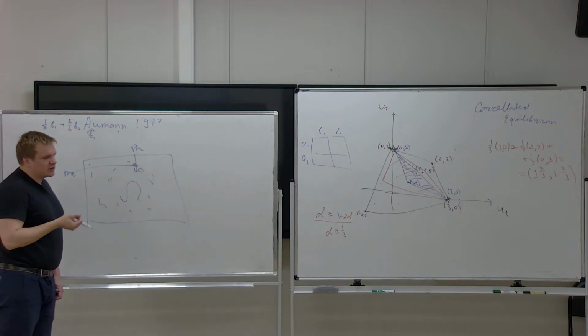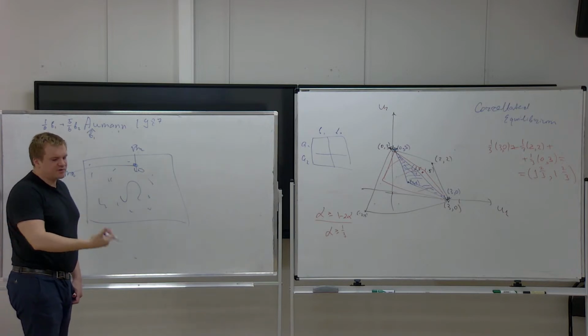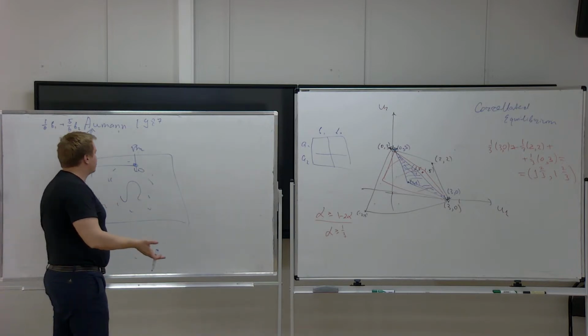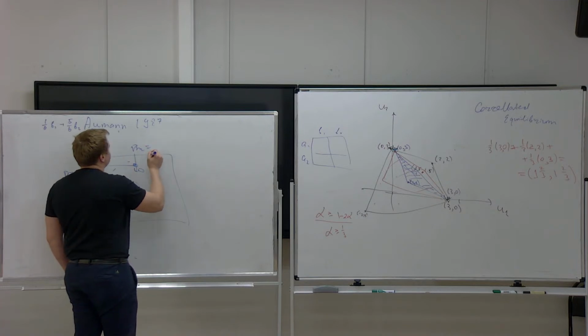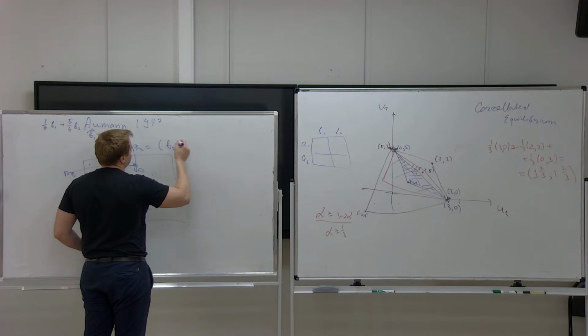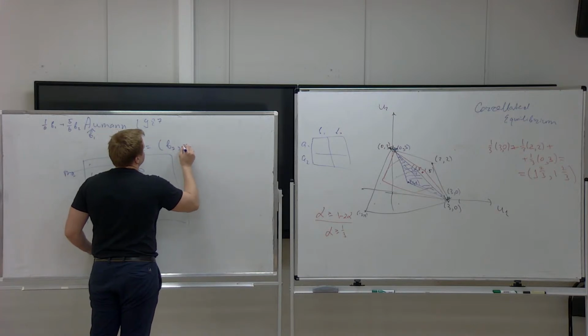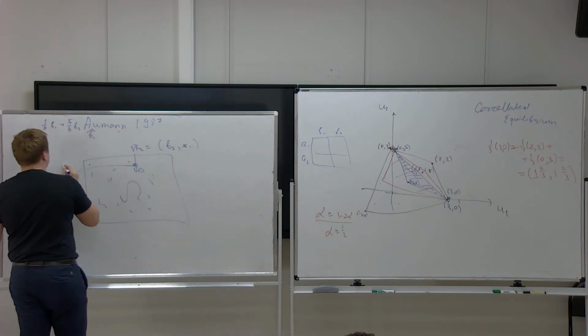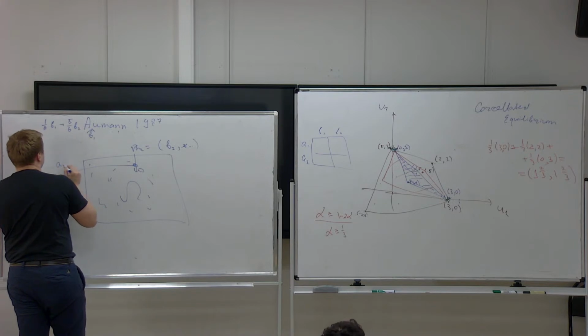Particularly, when I send a message to a player, I expect him to play some action. So for example, it will be some strategy, B2 for example, B1, and then maybe something else, and here is going to be a strategy for player 1, and then maybe something else.